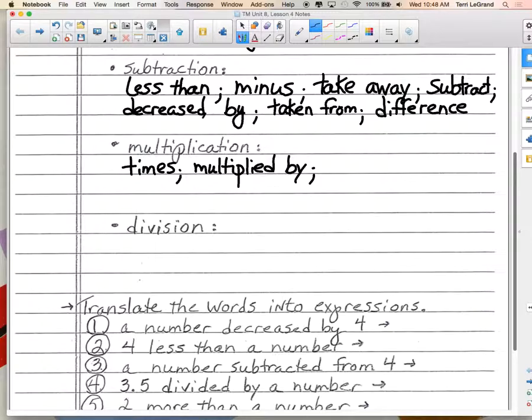Think of some other ones. Let's go back to that word separate. What do you think the wording would be if they meant you should multiply? Do you think separate could be used, or should we save that for division only?